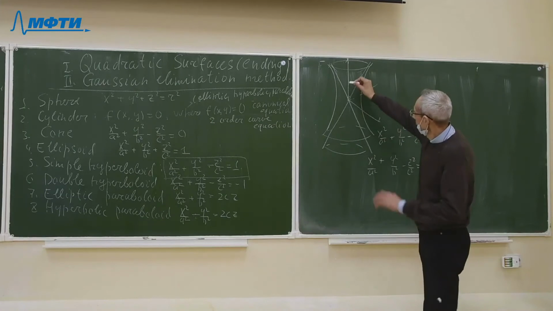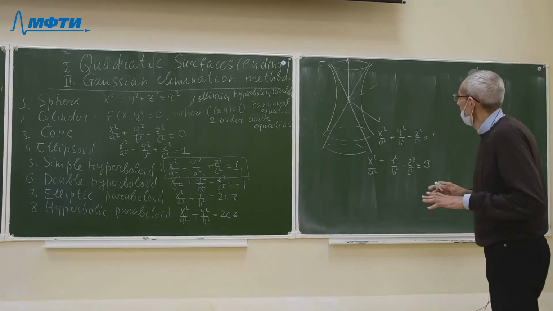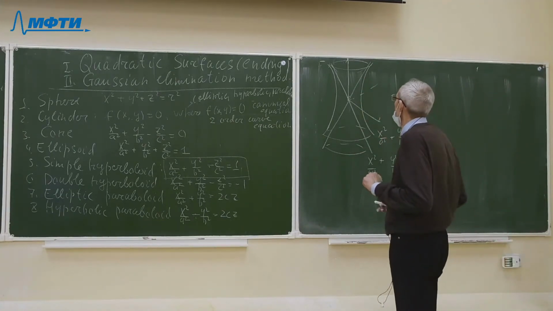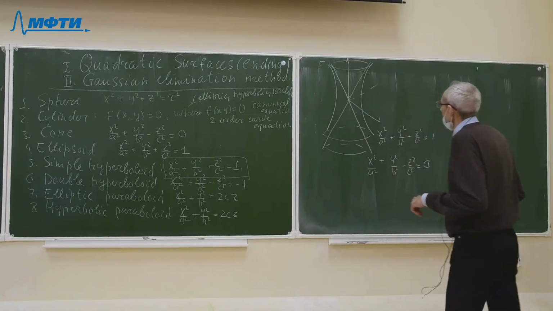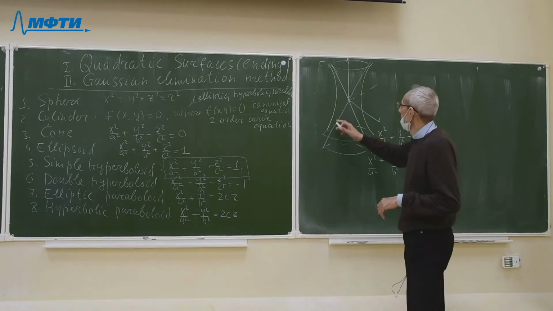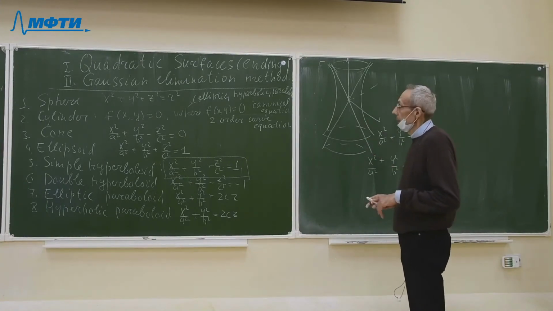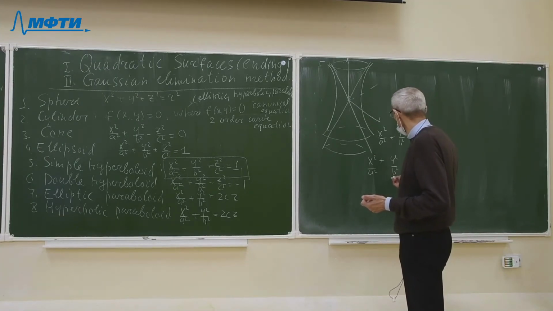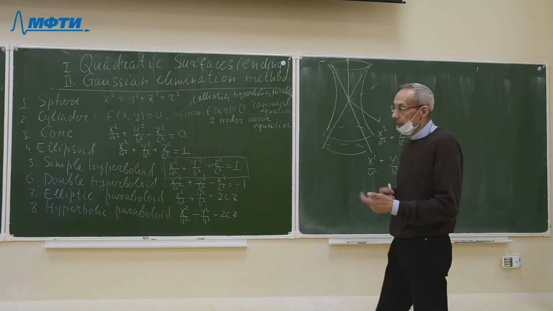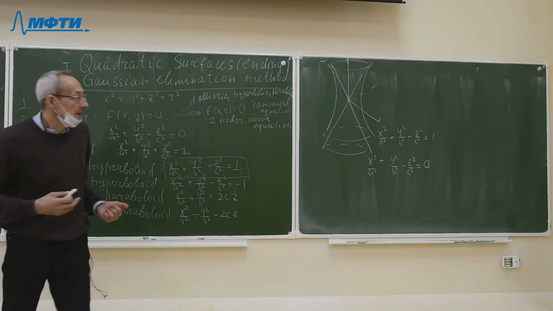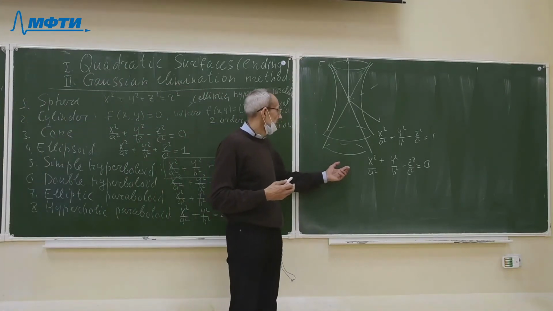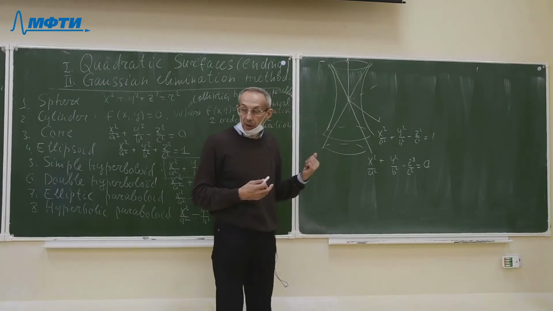This cone lies in the interior of the hyperboloid, and if you consider a section by the coordinate plane y-z or x-z, in this section we obtain a hyperbola and a pair of intersecting straight lines. And these intersecting straight lines are the asymptotes to this hyperbola.